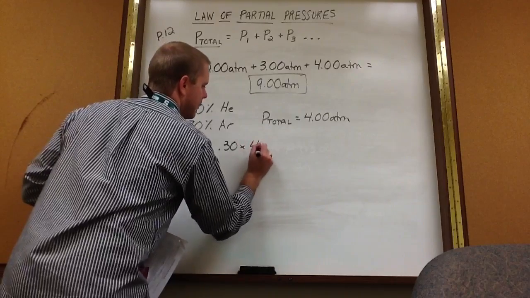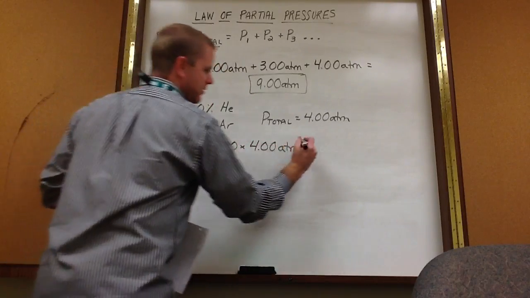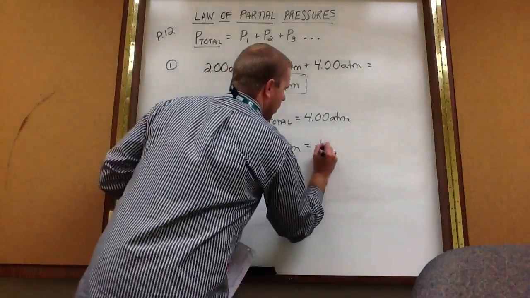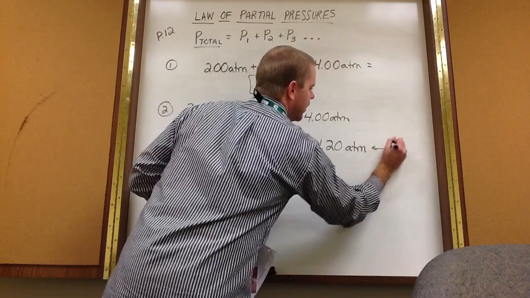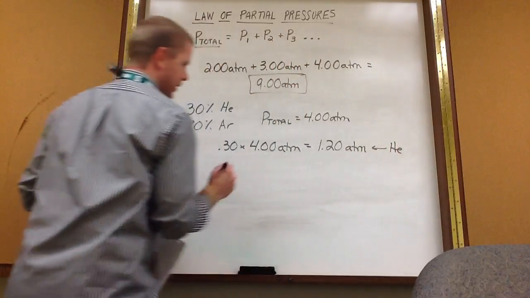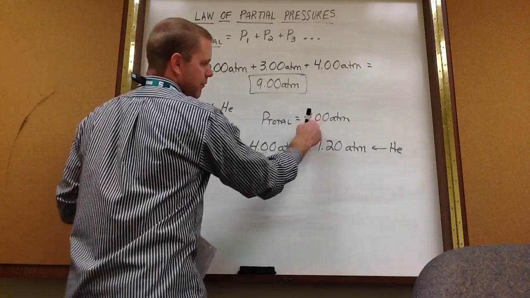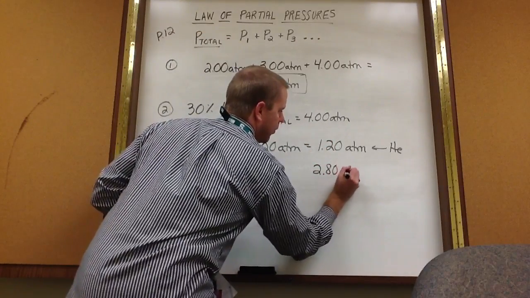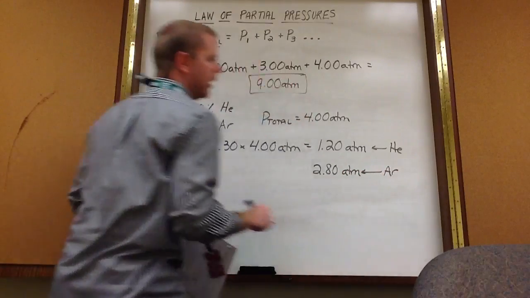You multiply that by 4.00 atms because 30% of this gives you your helium. So therefore the answer is 1.20 atms, and that's for helium. And then everything else is argon. You know what I would do then? 4 minus 1.2 means 2.80 atms for argon.